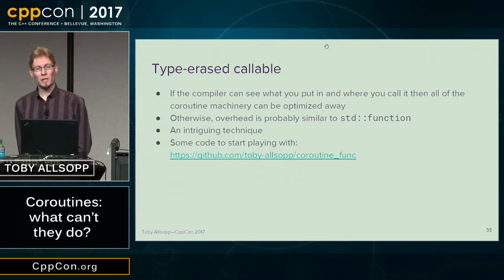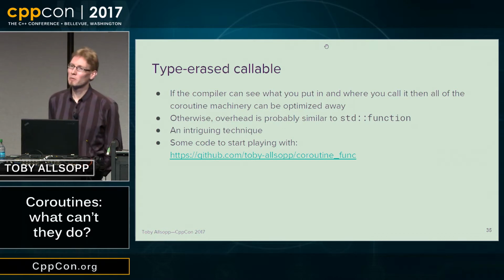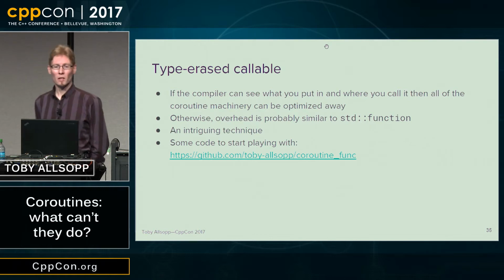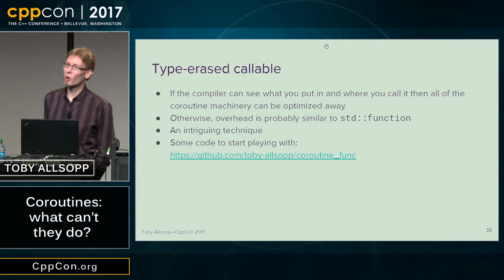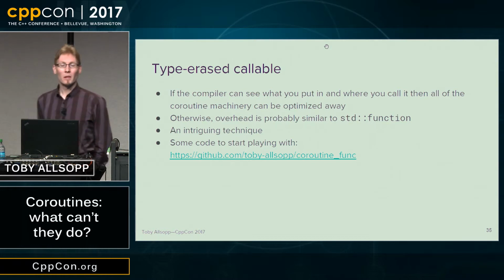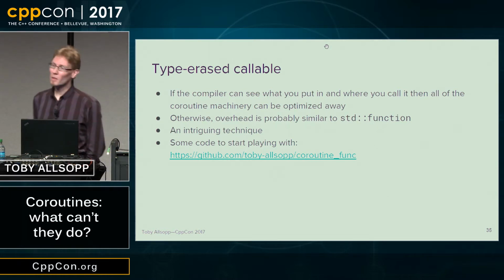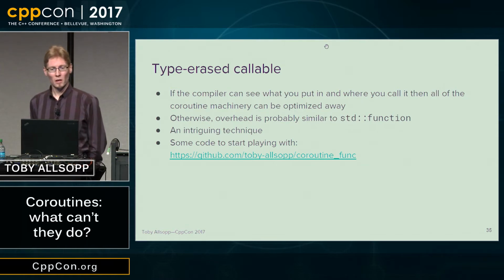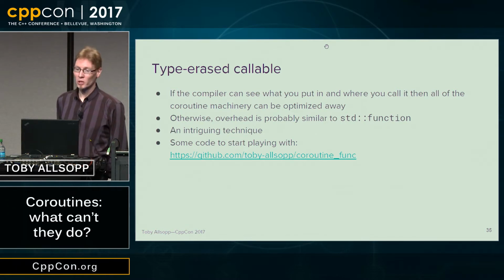One of the nice things about that is that if the compiler can see everything you're putting into this coroutine func thing, and it can see the caller, then it can potentially inline everything and get rid of all of the allocations and make all of the coroutine machinery go away.